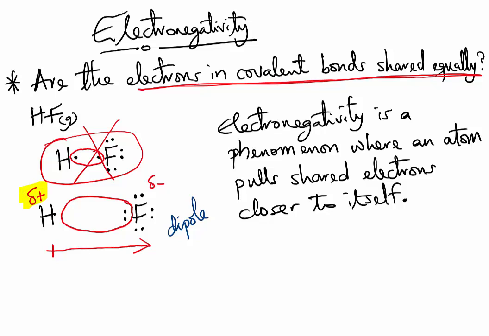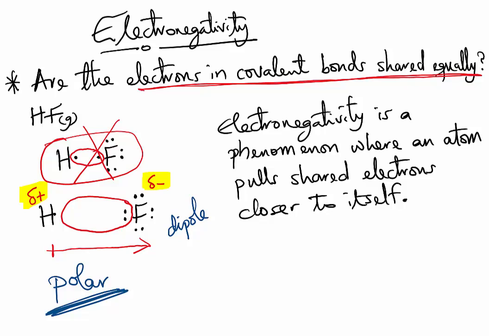We now have partial positive and partial negative charges. And whenever a molecule is such that the electron density is on one side of the molecule, while the other side of the molecule is relatively deficient in electrons, that type of molecule is said to be polar, which means that hydrogen fluoride gas is polar.